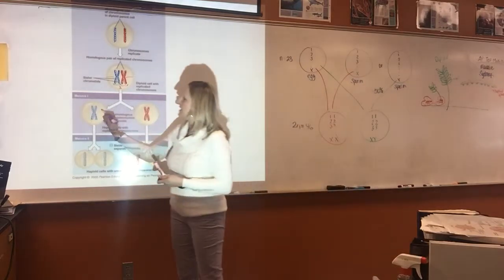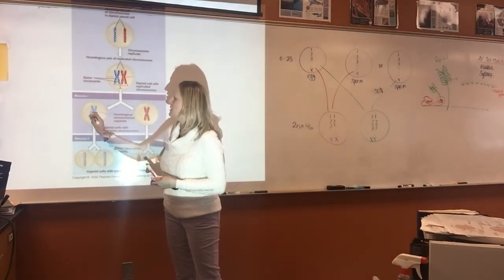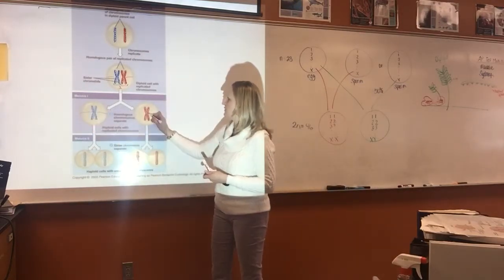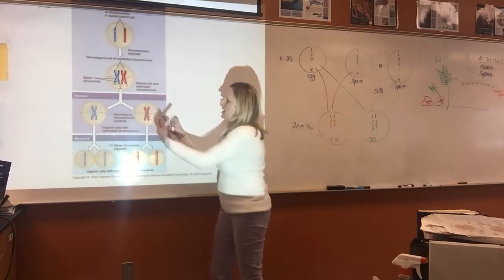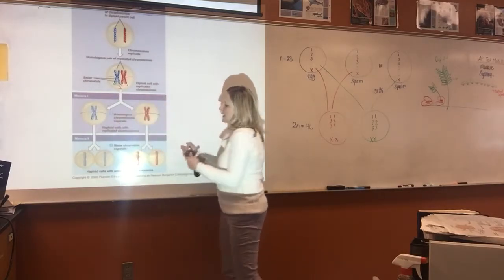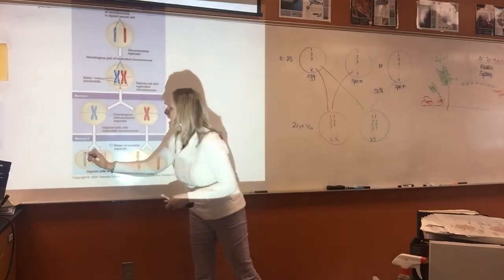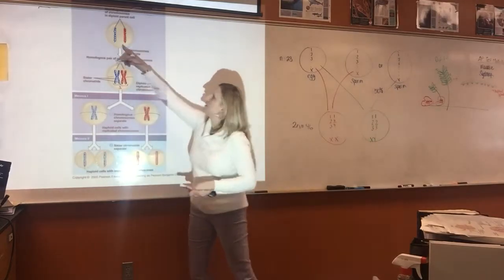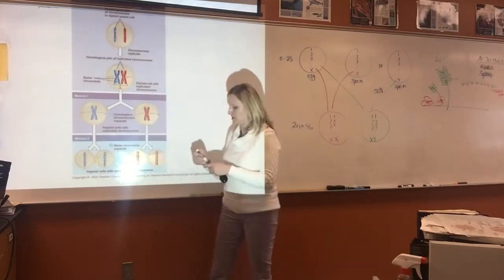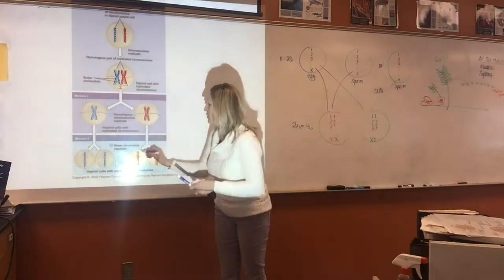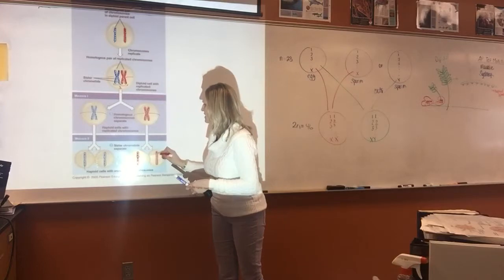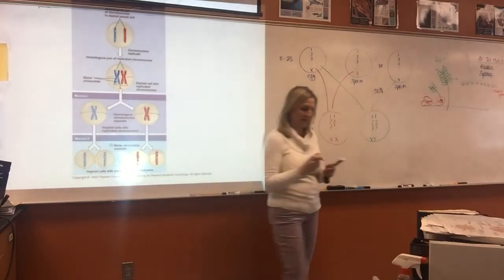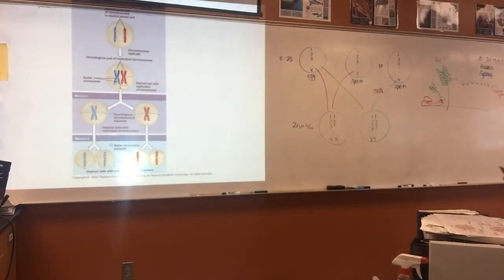Here they line up, and in this case, the spindle attaches one from either side and pulls the sister chromatids apart, so that at the end you get exactly half of the DNA that you started out with at the beginning. So you get one piece of DNA that makes up chromosome number 1 at the end. All right, and so therefore that's what we have.